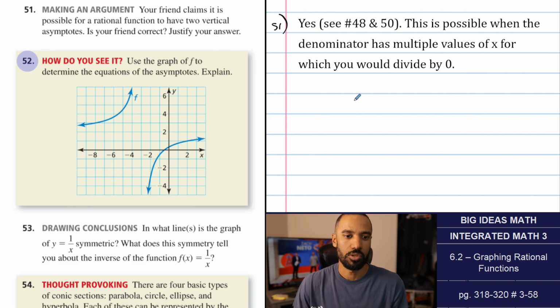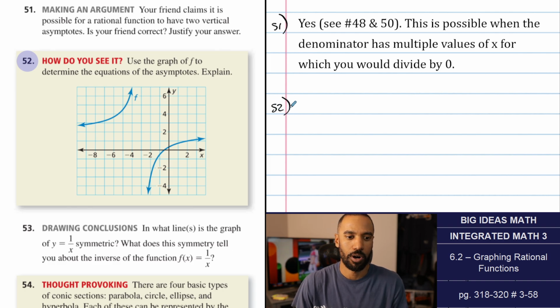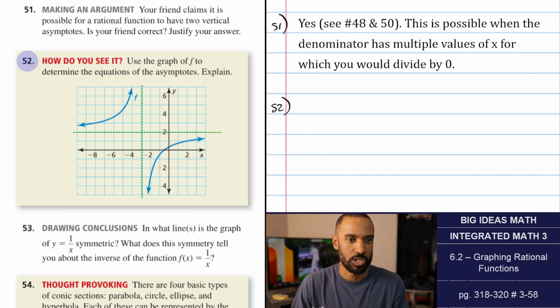Number 52 says, use the graph of f to determine the equations of the asymptotes and explain. We're looking for what we're approaching here, and it looks like we're approaching this guy and this guy here. I don't have much of an explanation. It's just based on approach and symmetry, really. If I go 1 over, I go 5 down. If I go 1 over here, I go 5 up, and it seems to have that symmetry.